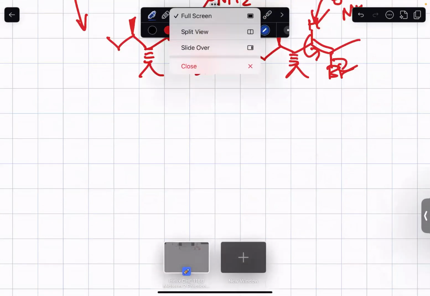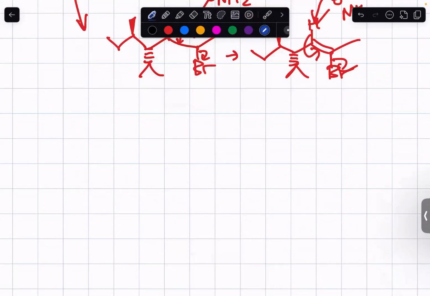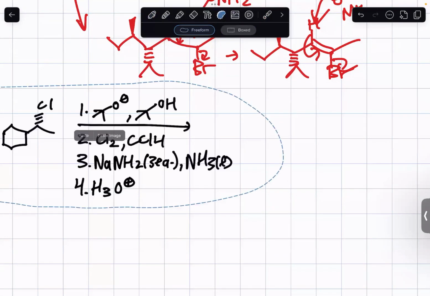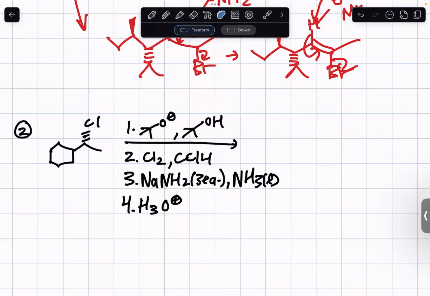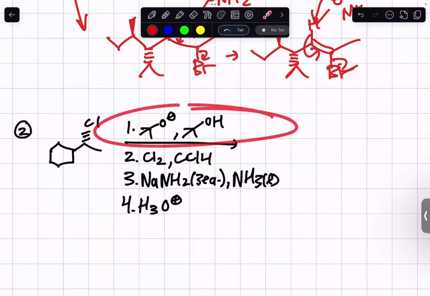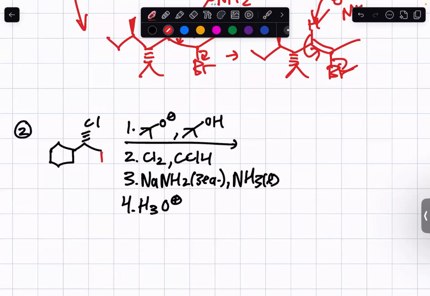Yeah, of course, Khadija. Okay, so let's do the second reaction here. We have a good leaving group, and we have a multi-step predicted product synthesis. We have a first step with a bulky base, which is going to do E2 Hoffman. We're going to grab the less substituted hydrogen.